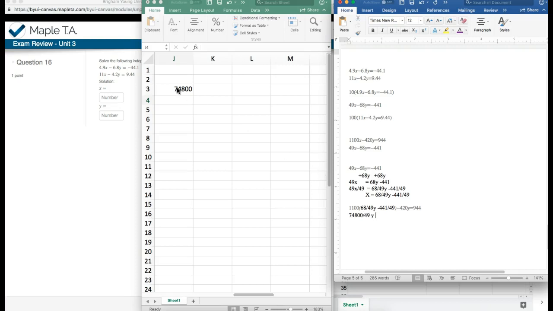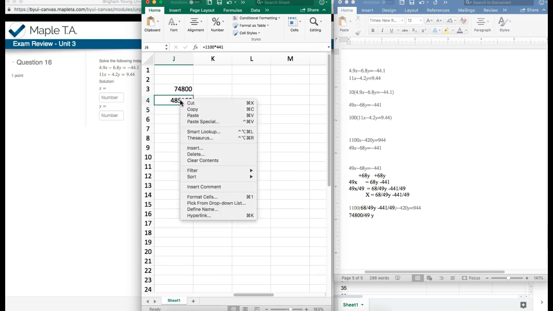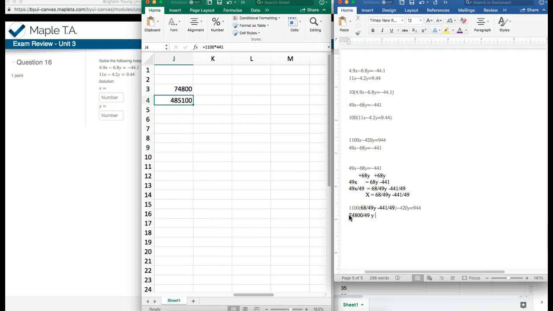Then we need 1,100 also multiplied by 441, which I'm just going to copy and paste. This is negative, and that is still also over 49, and then we have this minus 420y equals 944.